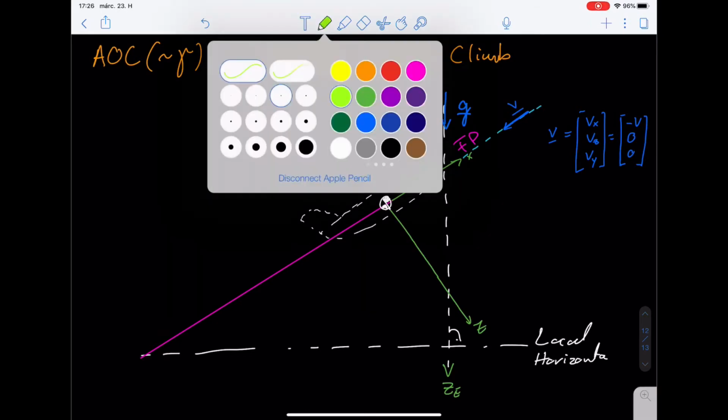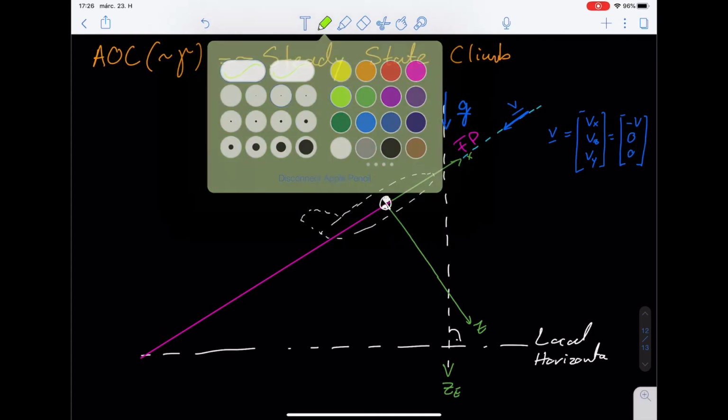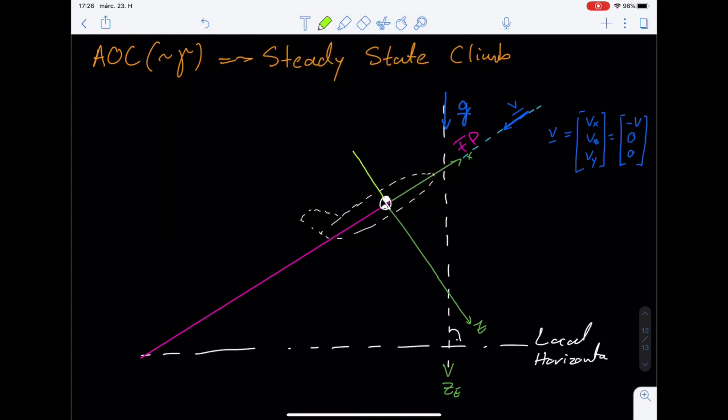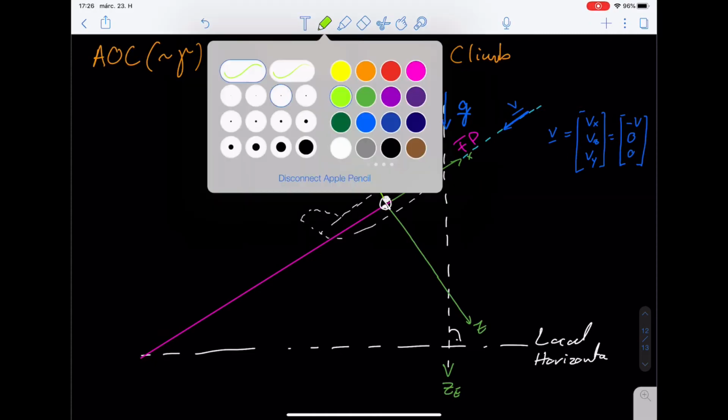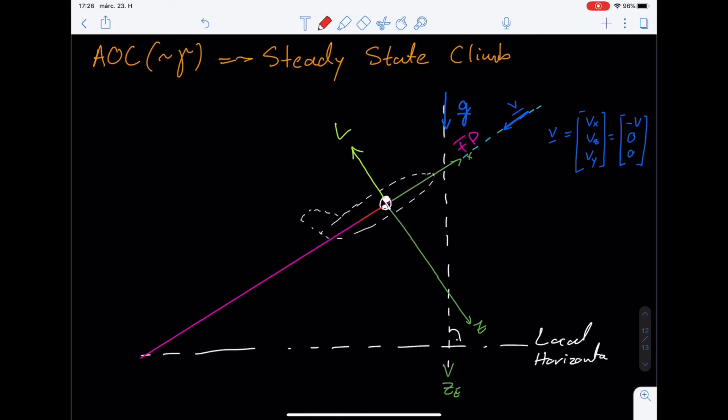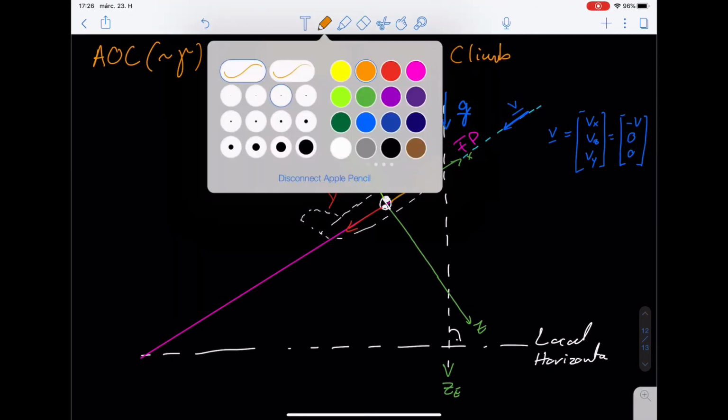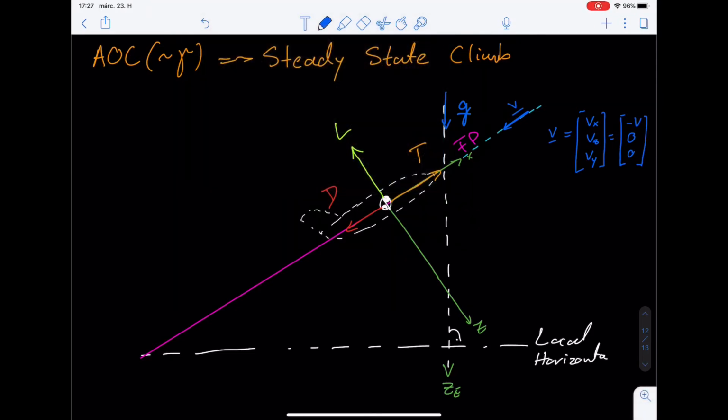In that case we can say that the lift is going to act perpendicular to that at a right angle, so lift is acting in this direction. Of course, if we have lift, we're also going to have drag acting on the aircraft. We're also going to have some thrust. We'll make it a bit longer, so we have thrust acting in the positive longitudinal direction, and we're also going to have the weight of the aircraft acting parallel with the local vertical direction.